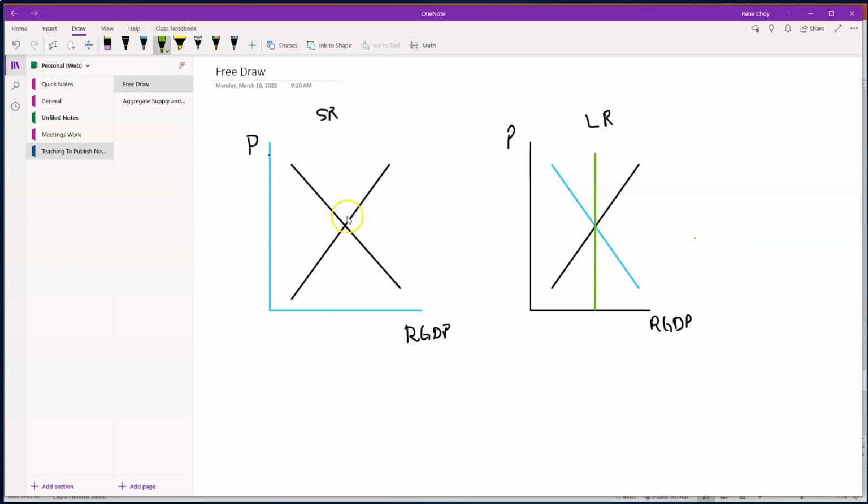All right, so again, we have our short run aggregate supply. We have our aggregate demand, and we have our current equilibrium level. So let's call it P1 and real GDP 1.